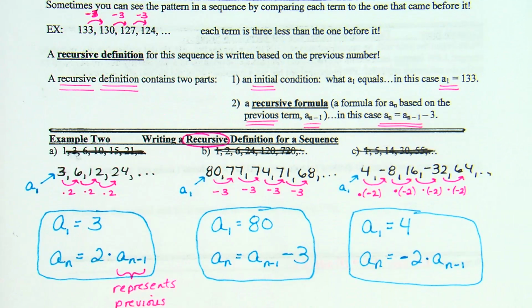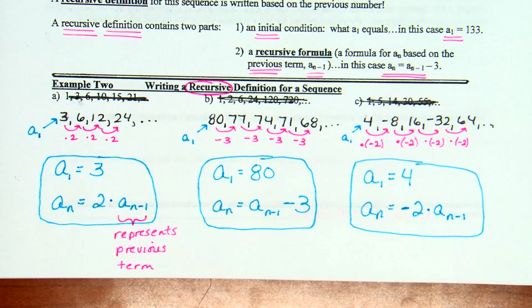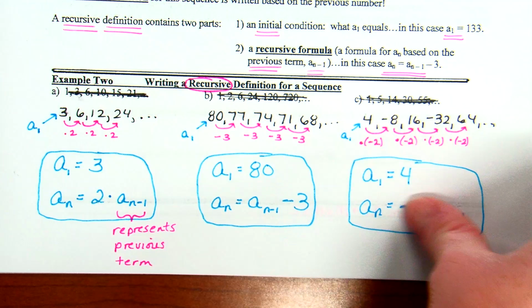When we gave our formula, it was always A of n equals, but what was always in that formula? A of n minus 1. And A of n minus 1 always stands for the previous term. In other words, on a recursive formula, if I want to find the 100th term, I'm going to end up having to know the 99th term.